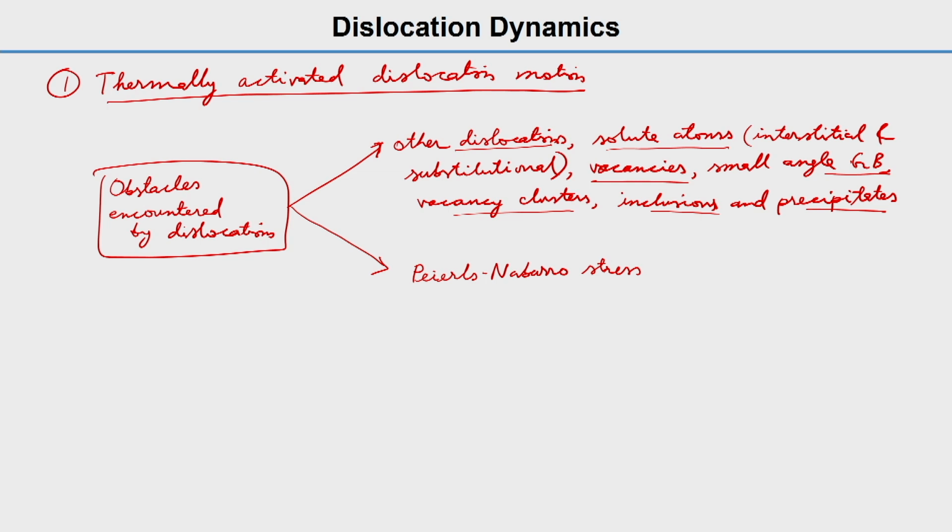This Peierls-Nabarro stress opposes dislocation motion at atomic level. We will see what that is. As you know, the others, like vacancies, other dislocations or grain boundaries, you can also think of as atomic level, but this is at an even smaller length scale.